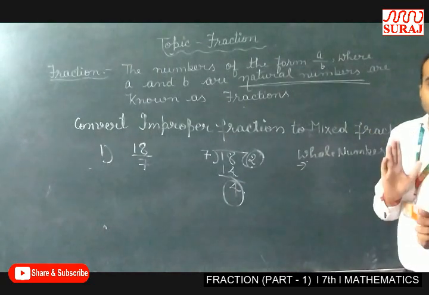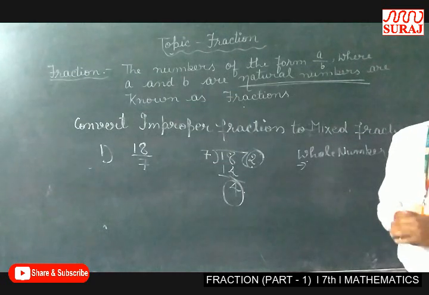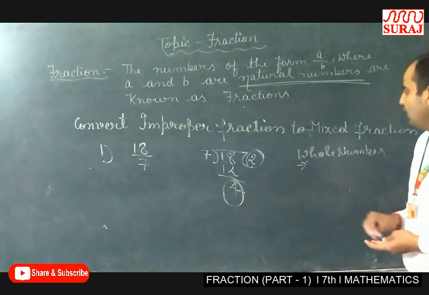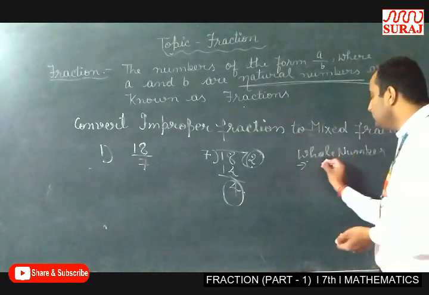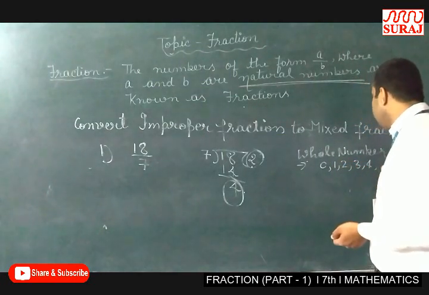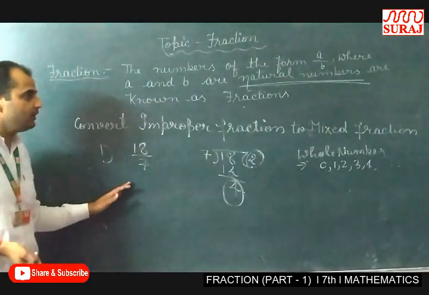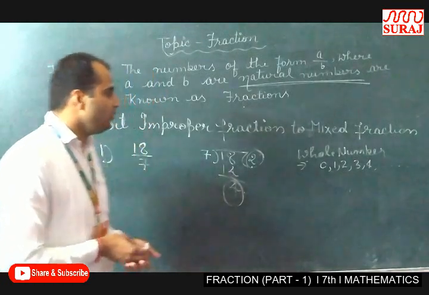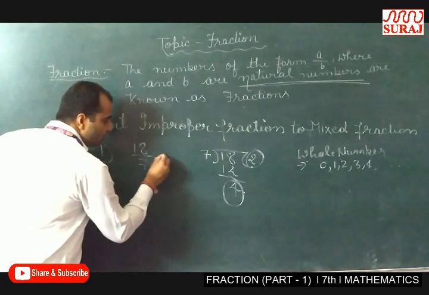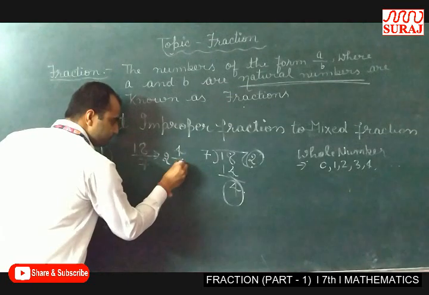A countable number that starts with 0 is called whole number. जितने भी नेचुरल नंबर होते हैं जो 0 से स्टार्ट होते हैं वो क्या कहलाते हैं? Whole number, जैसे 0, 1, 2, 3, 4 and so on. So 18 upon 7, improper fraction is changed into mixed fraction. तो 2 हमारा होल नंबर हो जाएगा, 2 and 4 upon 7.